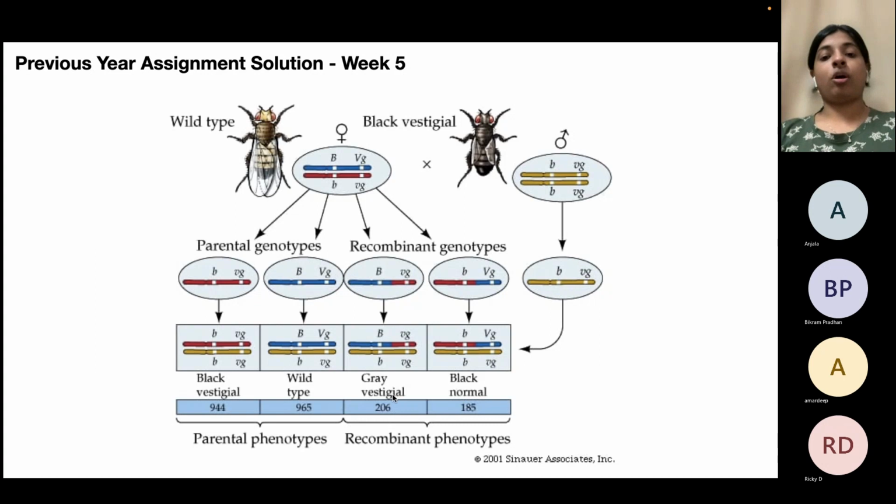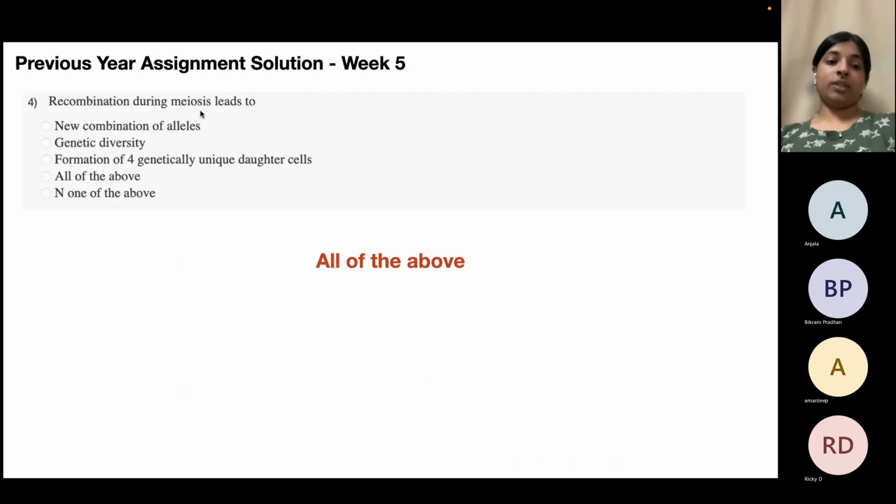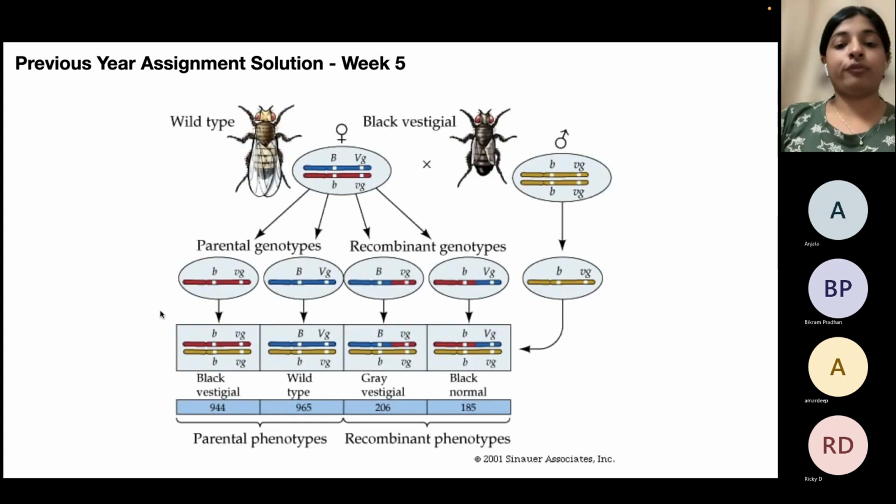Even though the percentage of the recombinant phenotypes is very small when compared to that of the parental, it still exists and it's very much present. And this is what gives the genetic diversity that is seen in nature. So again, recombination in meiosis leads to a lot of advantages. One, it forms four genetically unique daughter cells. If you see here, all the four haploid gametes are different from each other.